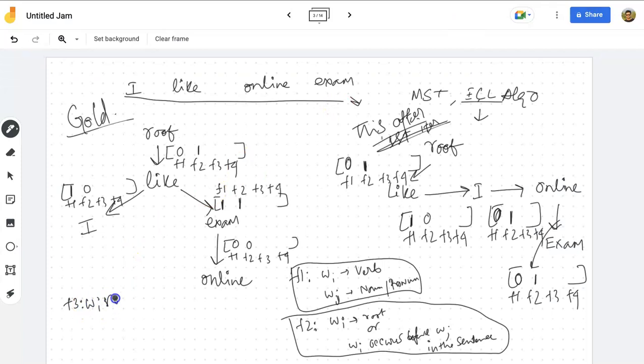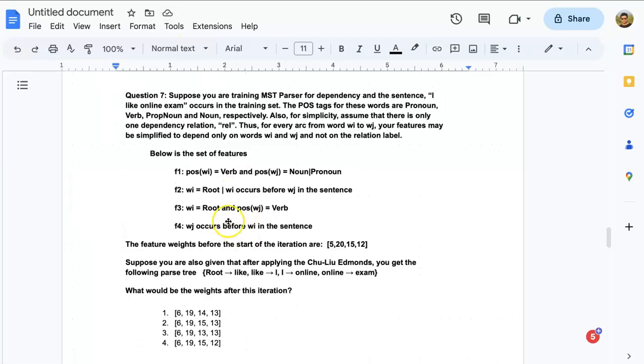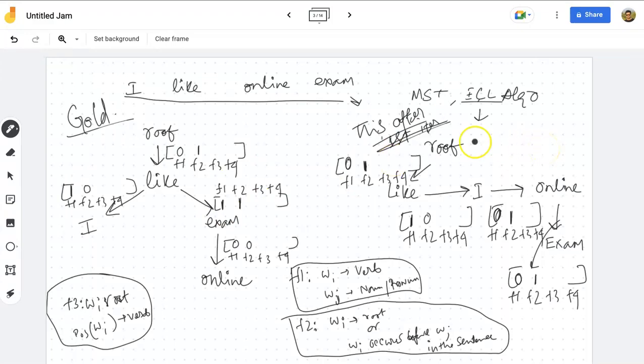If you see the condition, this is the AND condition, so only those dependencies where root is present will give 1, where root is present and the pos of wj is verb.